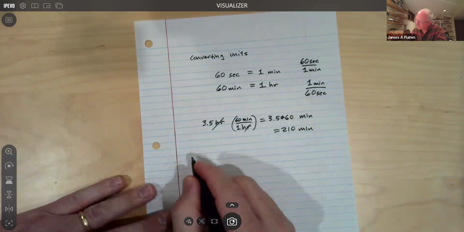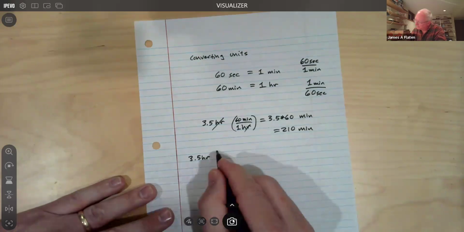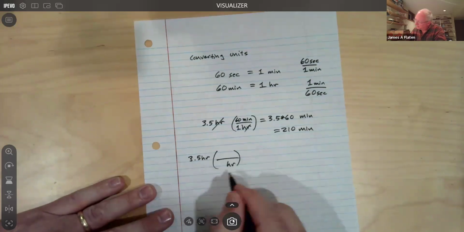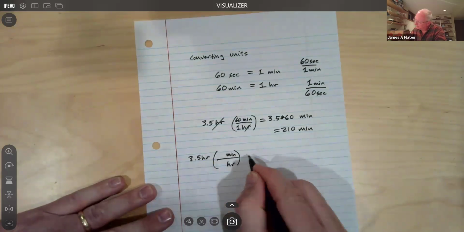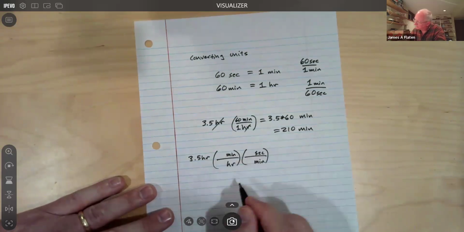For instance, let's say that I have 3.5 hours, and I want that in seconds. Well, I can get rid of the hours by changing them to minutes, and then I can get rid of the minutes by changing them to seconds.